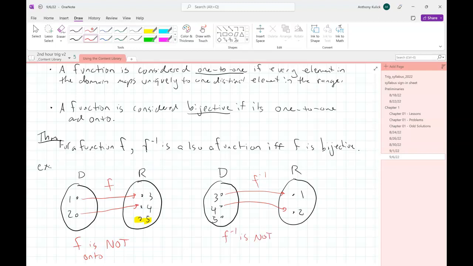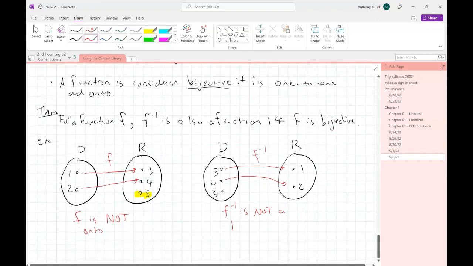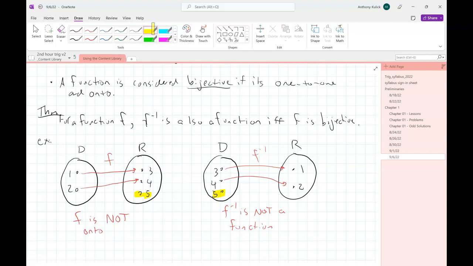No. Why not? Because not every domain gets used, right? So if we have a function and all the ranges aren't used, when we make the inverse, those unused ranges become unused domains, which precludes that inverse from being a function. Is everybody okay with that? So that's why we need onto to guarantee that f inverse would be a function.